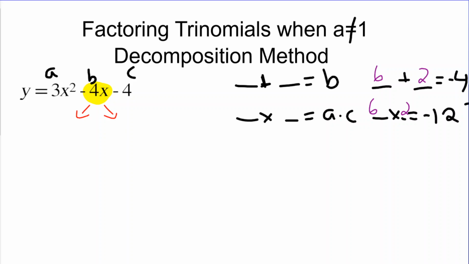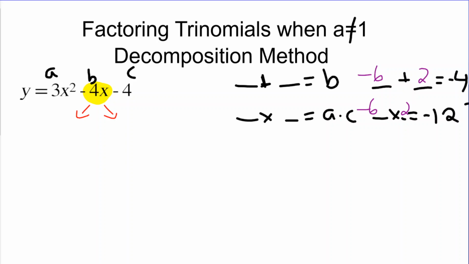Now, because I'm multiplying to -12, I know that one of these two factors has to be negative. I know that I'm adding to -4, so that's going to tell me that it's the 6 that's negative, right? A -6 plus a +2 still leaves me with -4. And a -6 times +2 still leaves me with a -12 product.